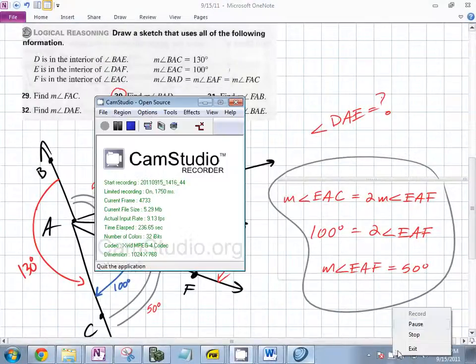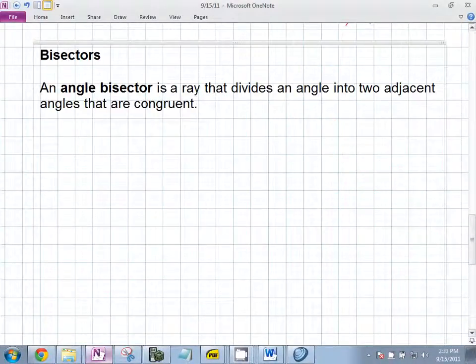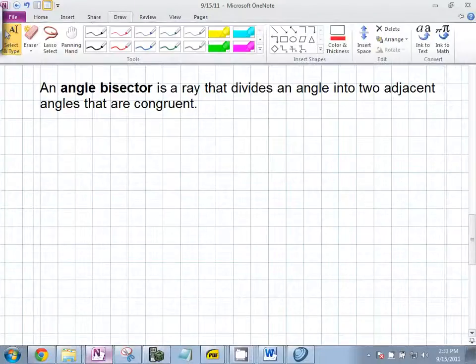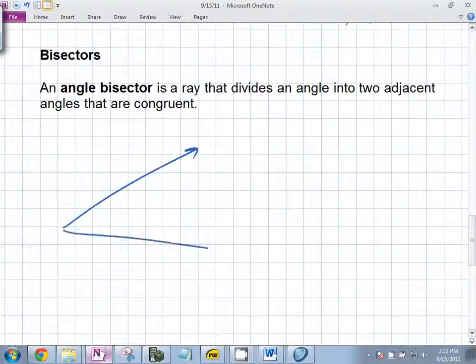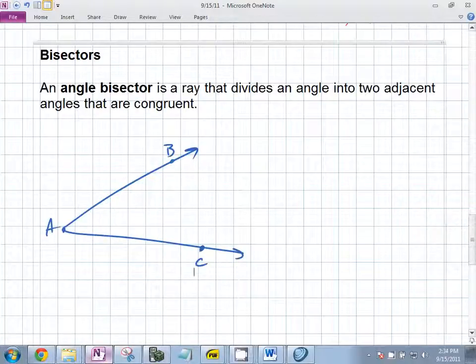Go ahead, Luke. An angle bisector divides an angle into 2 adjacent angles that are congruent. So if I gave you an angle BAC and I asked you to draw the angle bisector, you will be drawing what? You'll be drawing a, what's it called? No, not a line. A ray. It's right there in front of you.